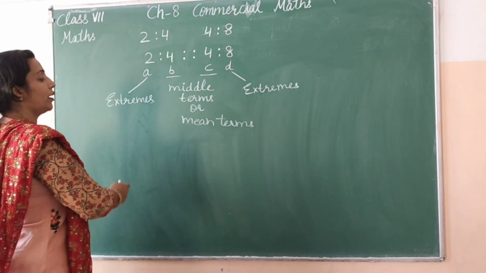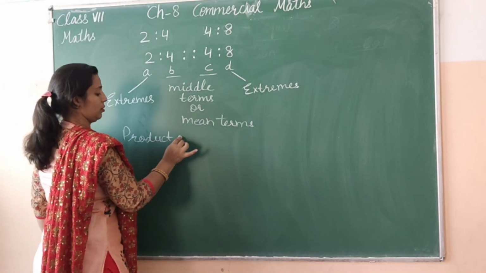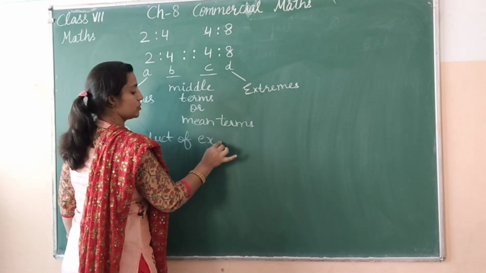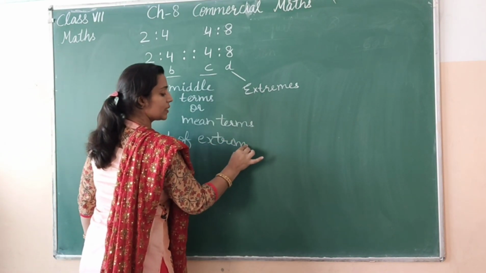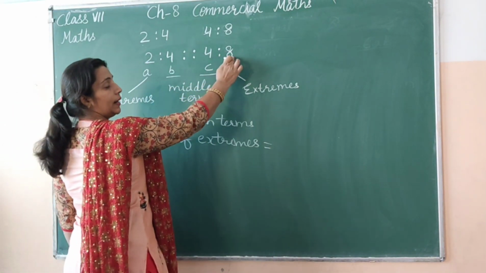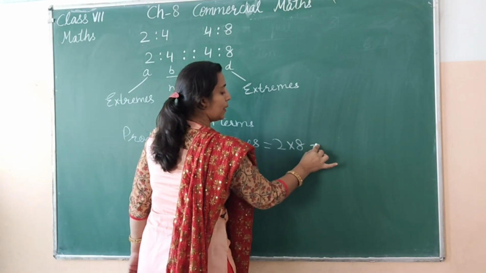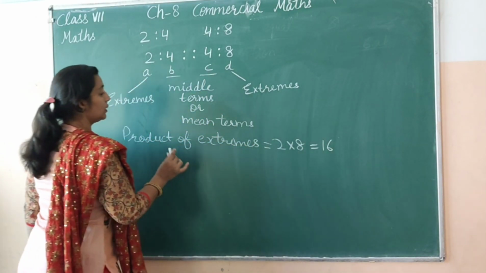You can check here, the product of extremes. What are the extreme terms? 2 and 8. If you find the product, 2 multiply 8, that is 16.